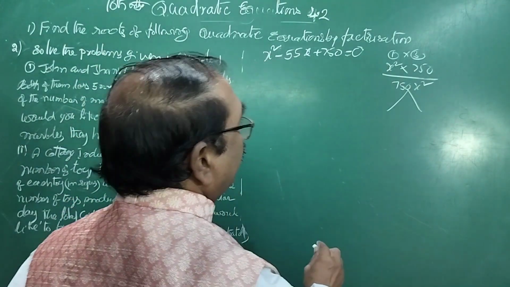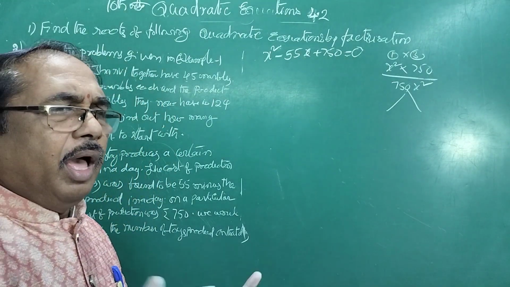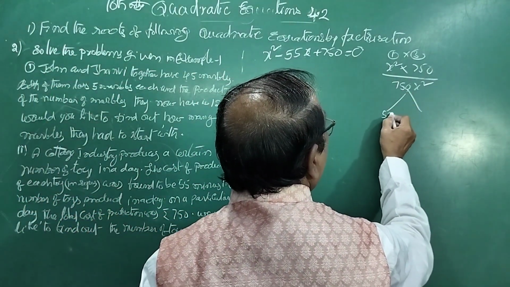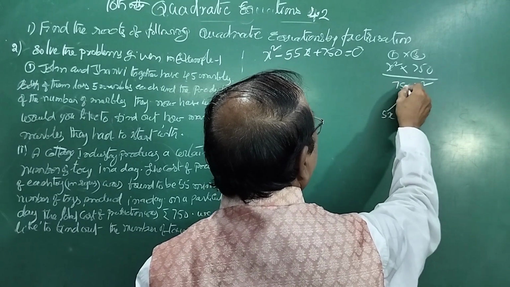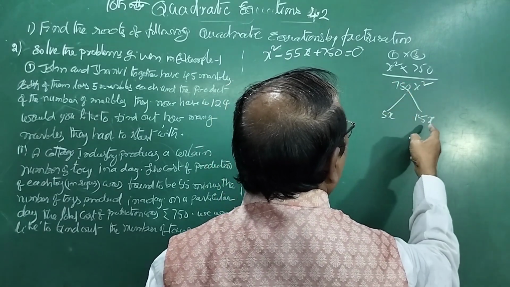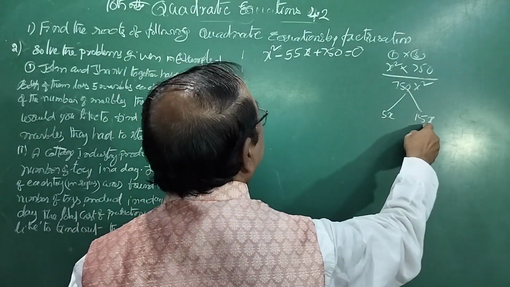Let us do it. The last one ends in 0, so 10 or 5 goes. Let us see 5x into how many times gives 75, so 15x and 5x is 75. Let us try adding 10, adding 20, minus 10.